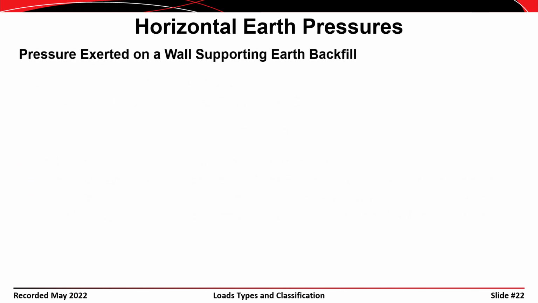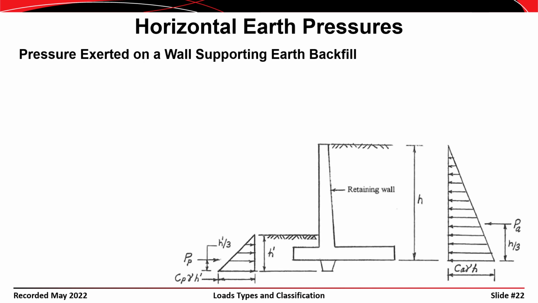Okay, pressure is exerted due to the backfill on the wall. So this shows a retaining structure here with a higher level of fill on the right side than on the left. In this case, you would presume that the wall is going to be moving a little bit from right to left under the pressures that are shown there.